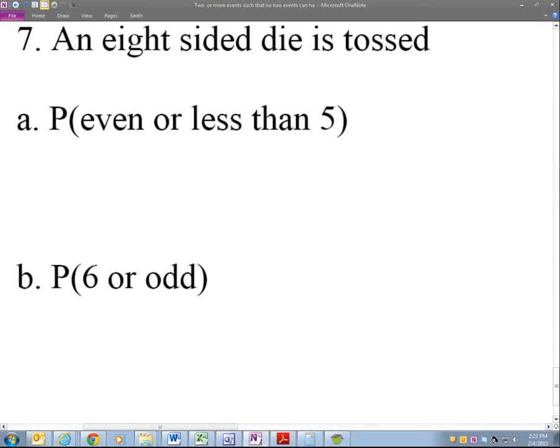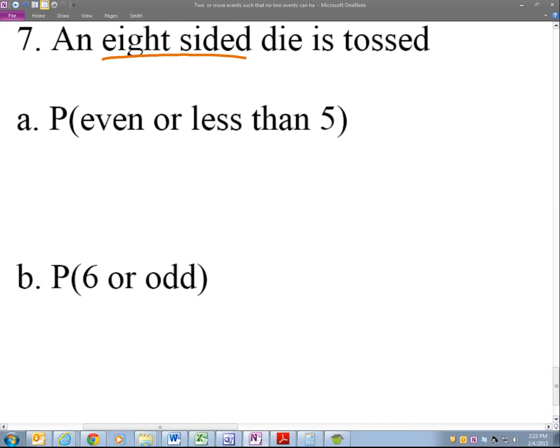So, an 8-sided die is tossed. There's 8 sides to it, okay? That's the situation. Keep in mind that this is not a situation where once we roll the die, we can't get that number again. Or once somebody gets a sucker, they can't win a sucker again, okay? There's nothing being changed away from the situation.